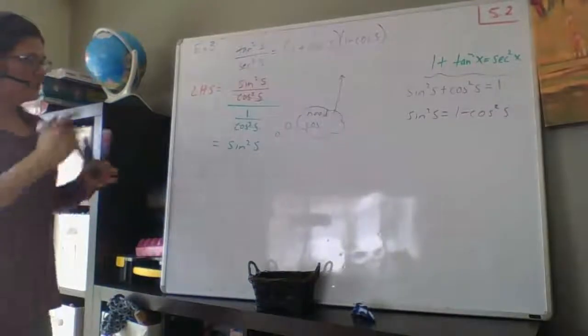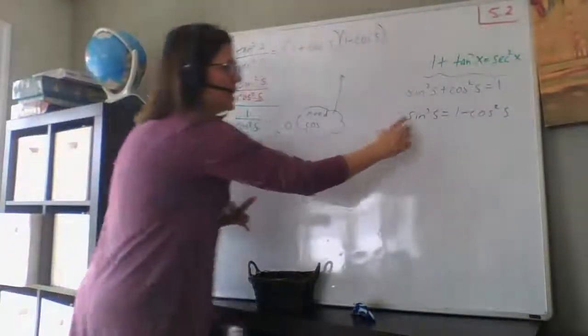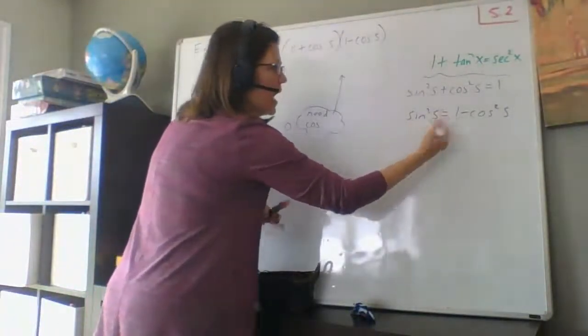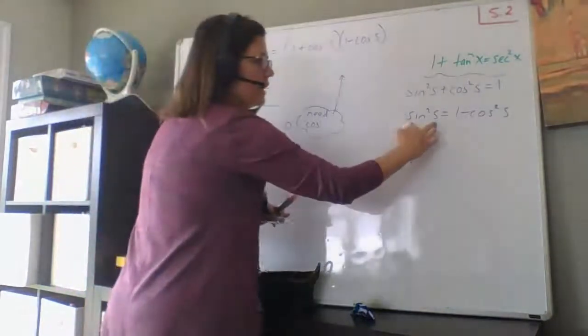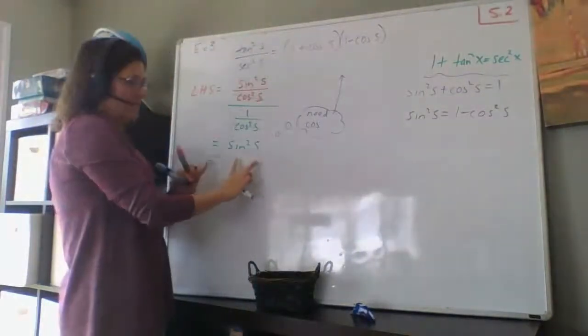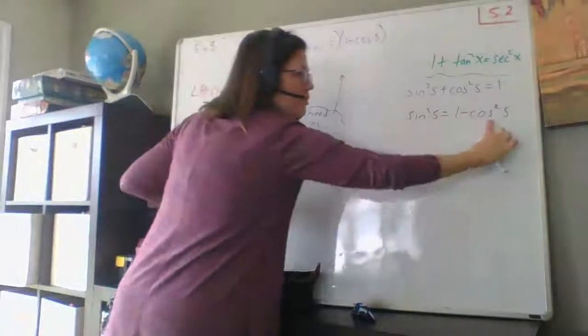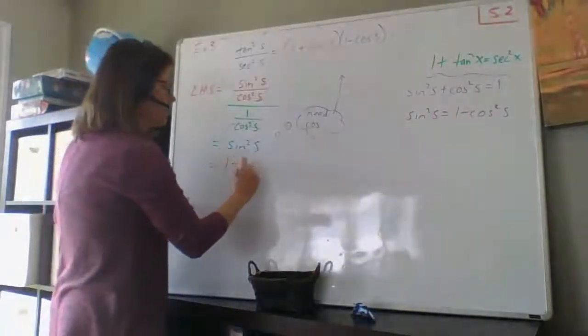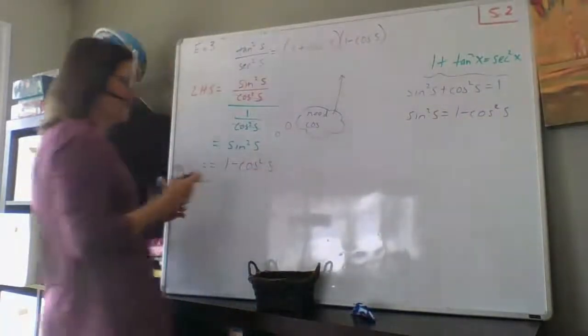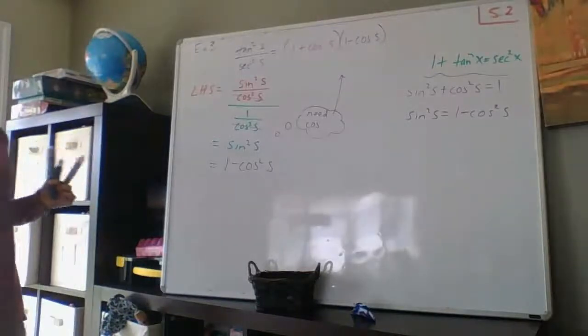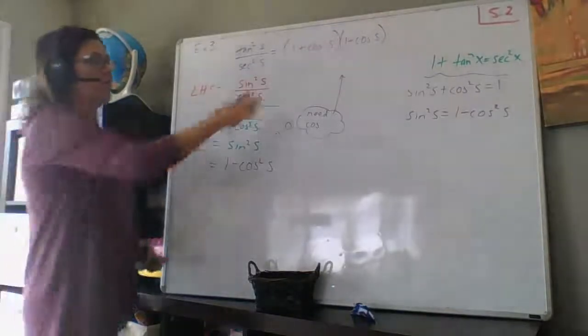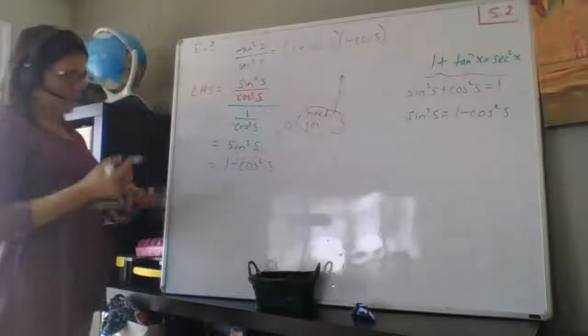Now, because I have sine squared s right here, I can say that this sine squared s is equivalent to 1 minus cosine squared s. I'm getting closer. I have my cosines, but it's not in this form.